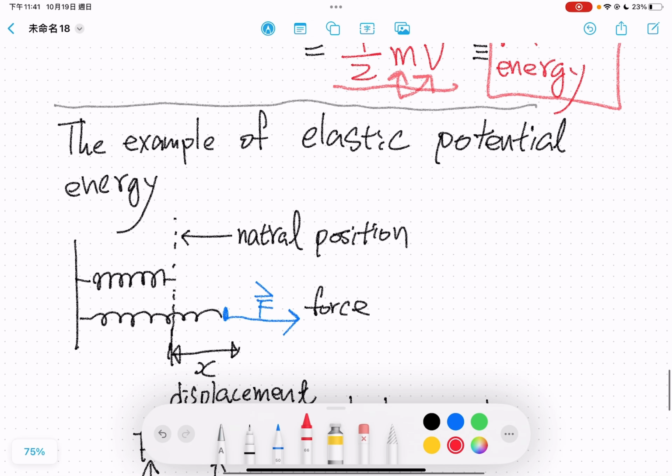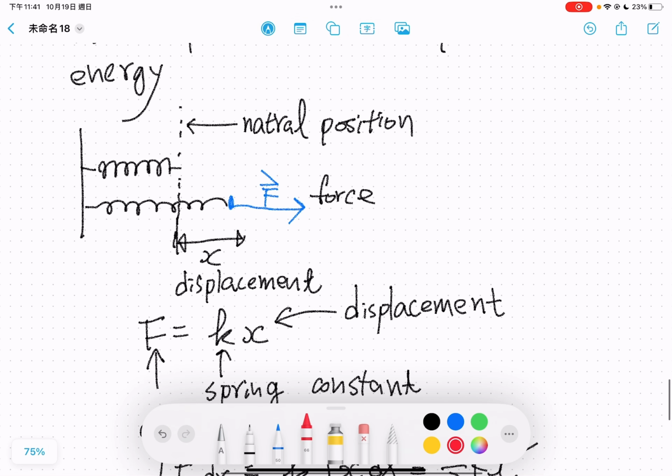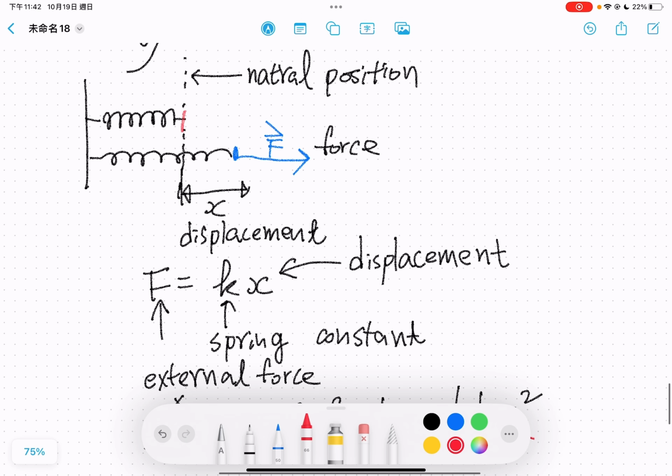Then we can also have an example of elastic potential energy. If we have a spring, this is the natural position. The natural position means the natural length of the spring, where the spring doesn't have any external force or internal force. Then we apply a force to pull the spring, which makes a displacement, or extension, of the spring.